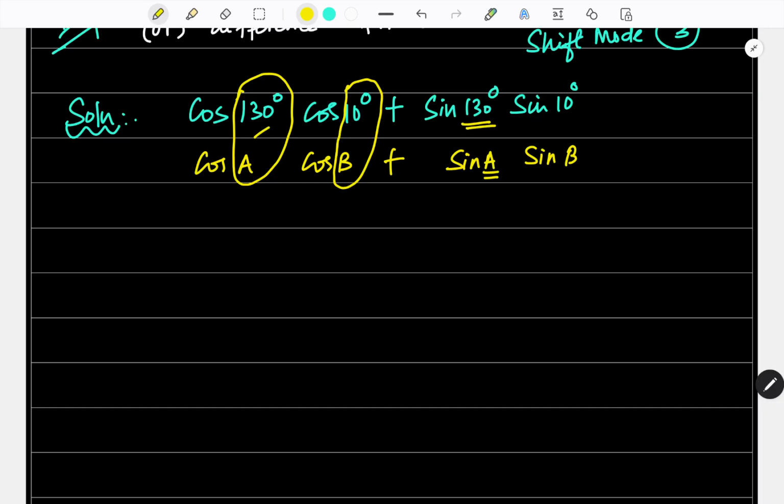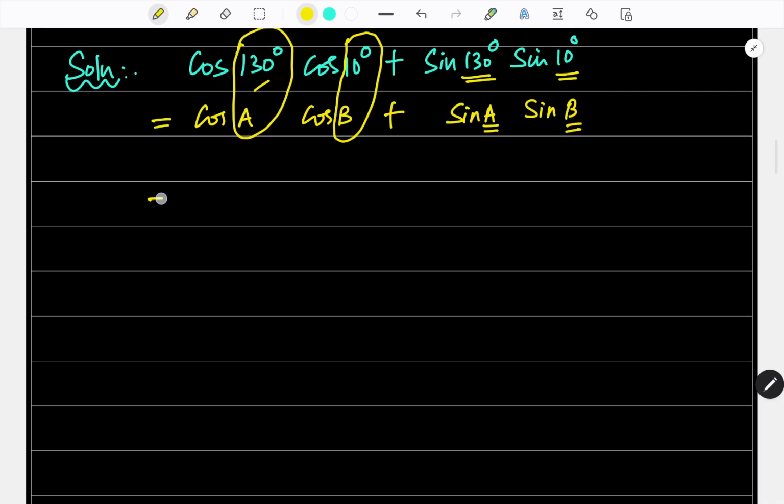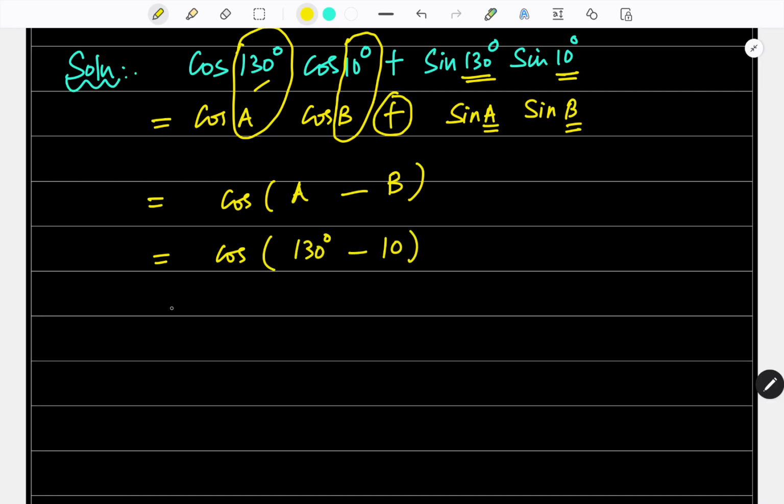Angle A, yes, correct, 130. Same angle should be here, okay. So cos, when it comes with plus, the formula is with minus. Cos of A minus B. This equals cos of 130 degree minus 10 degree.